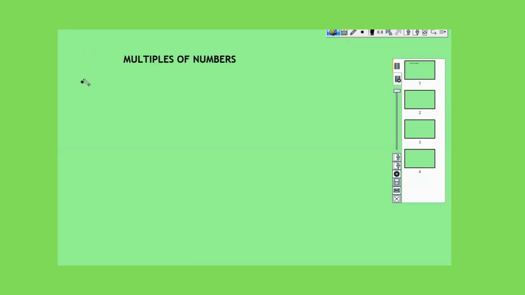Let's learn what multiples are. Let's take a number again as an example. Let's take the number 7. To write down the multiples of 7, multiples are nothing but simple tables.